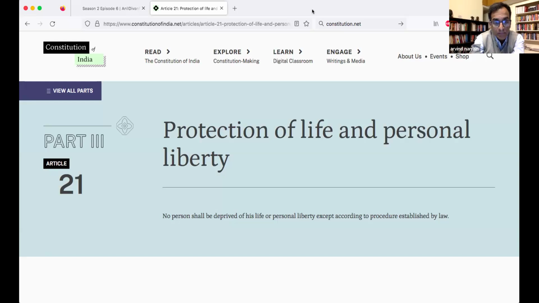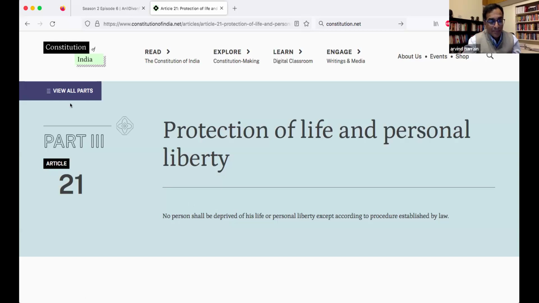Unlike Article 19, where the citizen shall have the right to speech, you shall have the right to form associations. But here it does not say you shall have the right to life and liberty, because the assumption is that everybody anyway has it. But they are now saying you cannot be deprived of it, except according to procedure established by law.